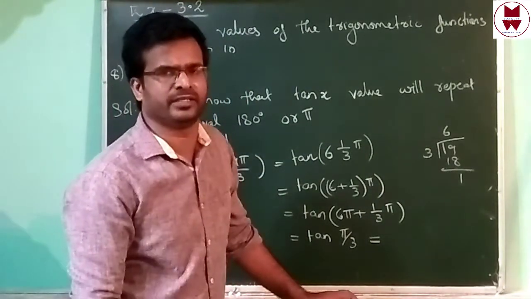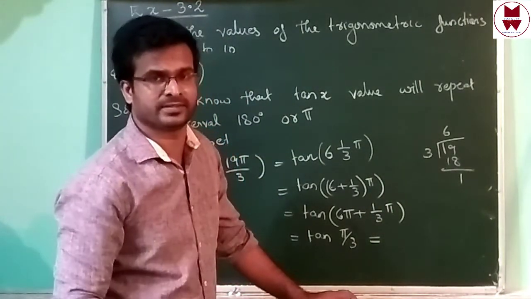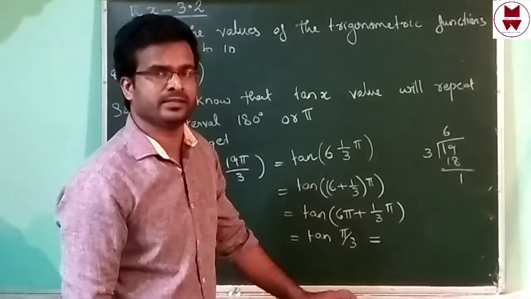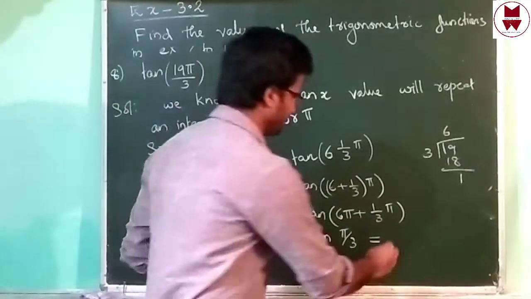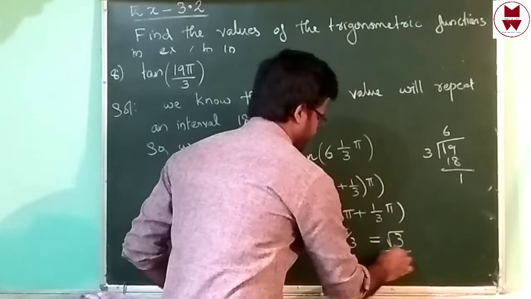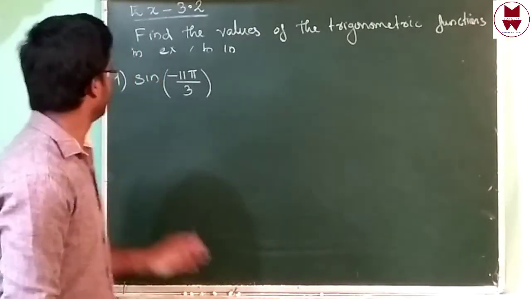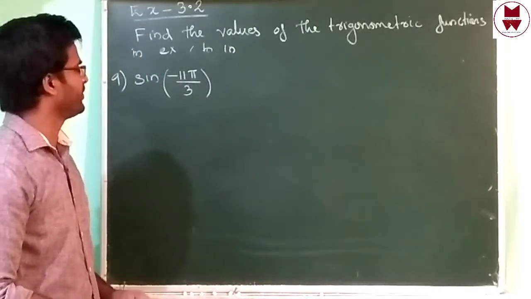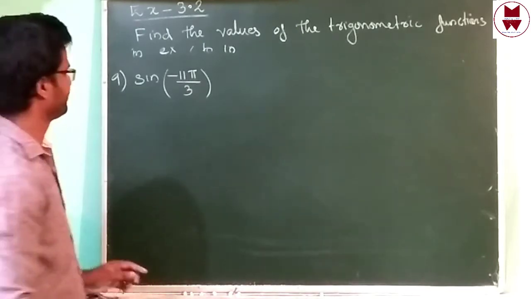What is pi by 3? 180 divided by 3, 60, isn't it? Then tan 60, what is the value? You will get root 3. Question number 9. Sin minus 11 pi divided by 3.